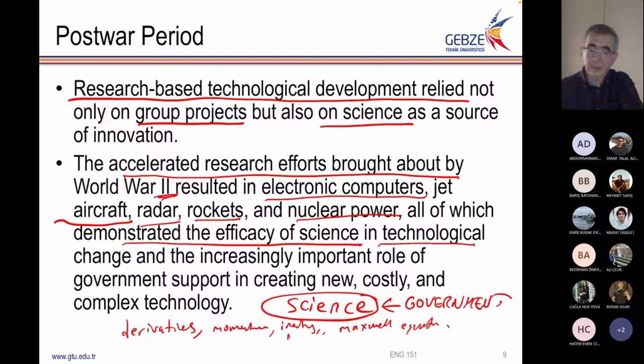Therefore, the role of the government in supporting new, costly, and complex technology for science is very important, and that happened in Western countries, starting with the United States. I'm going to talk about that.